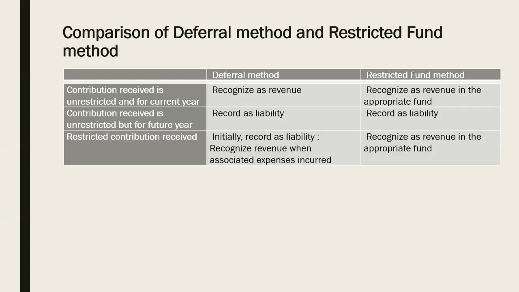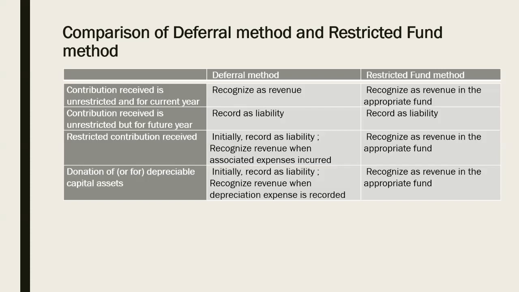If a restricted contribution is received, then under the deferral method, the contribution is initially recorded as a liability and later on reverse matched when the associated expenses are incurred. Under the restricted fund method, the restricted contribution is recognized as revenue in the appropriate fund immediately.